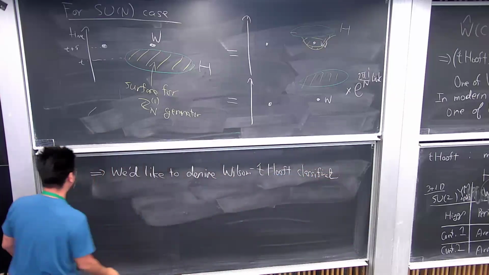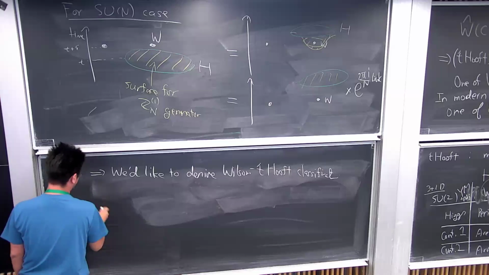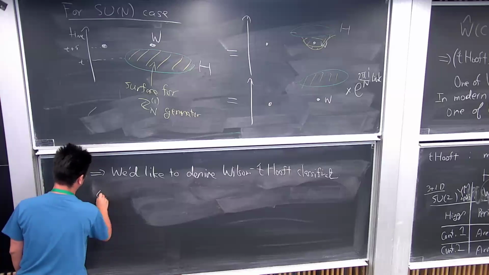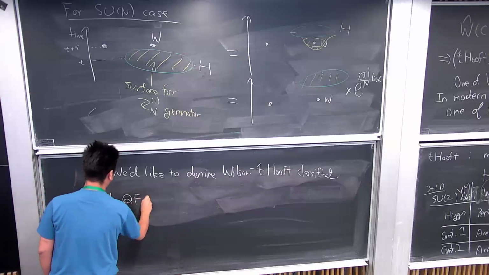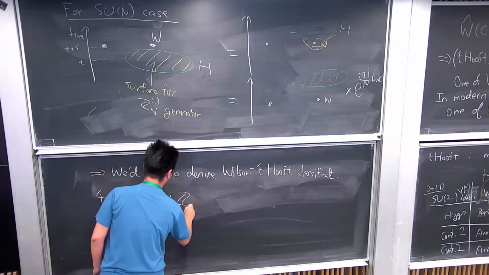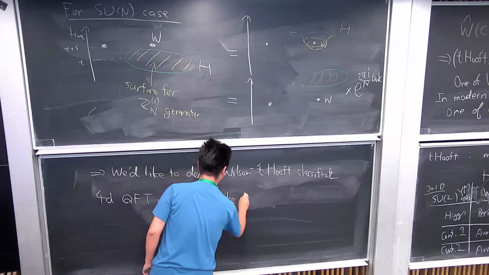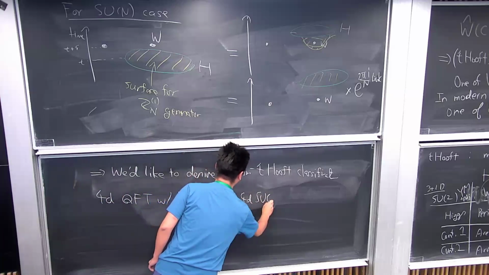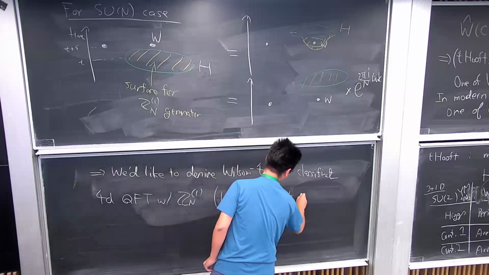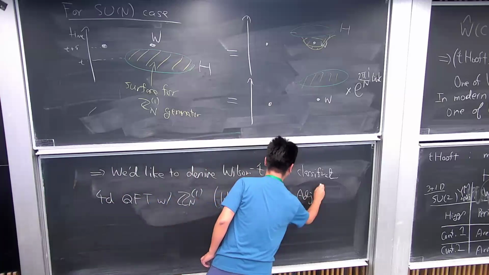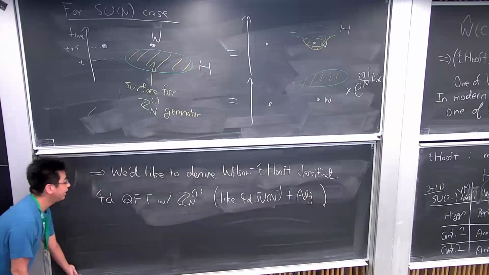The idea is that our system is a QFT with Z_N one-form symmetry, like SU(N) gauge theory with adjoint particles.